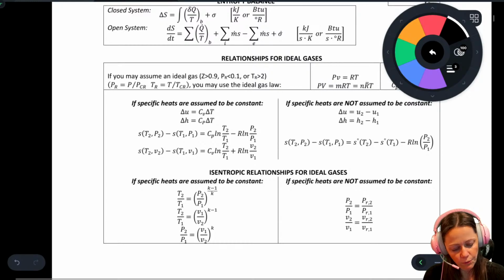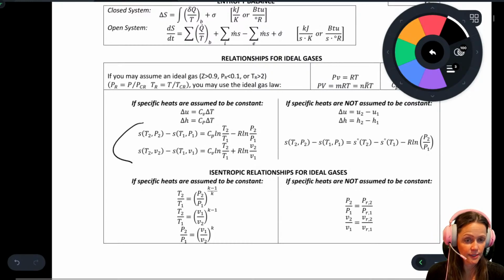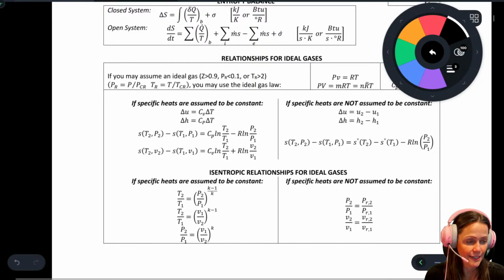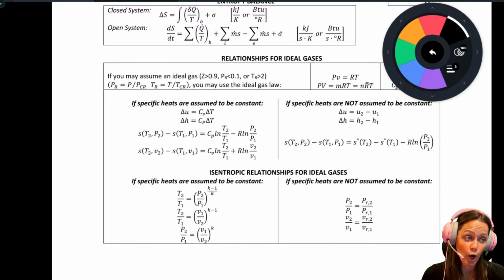But if we do assume specific heats are constant and we have an ideal gas, we have 2 ways that we can express that delta S. I think I'm going to use the top one because I just happen to know the pressure ratio across that. I think I said a nozzle before. It's a diffuser, across that diffuser.